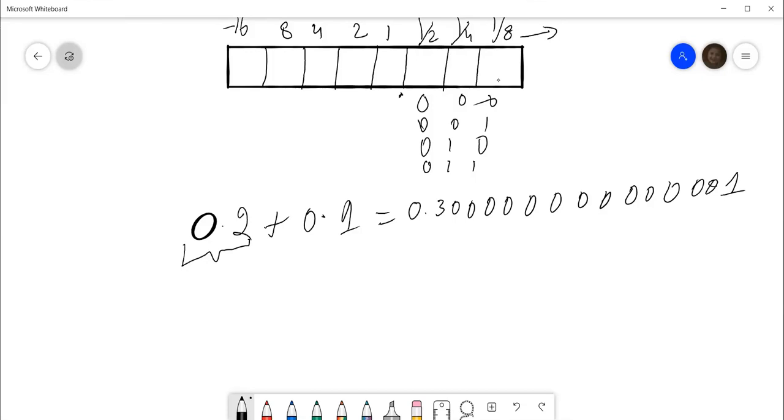Because we are going to give this explanation: 0.2 cannot be represented exactly in binary and 0.1 cannot be represented exactly. So these are estimated, and the estimated addition is then also shown as the result.